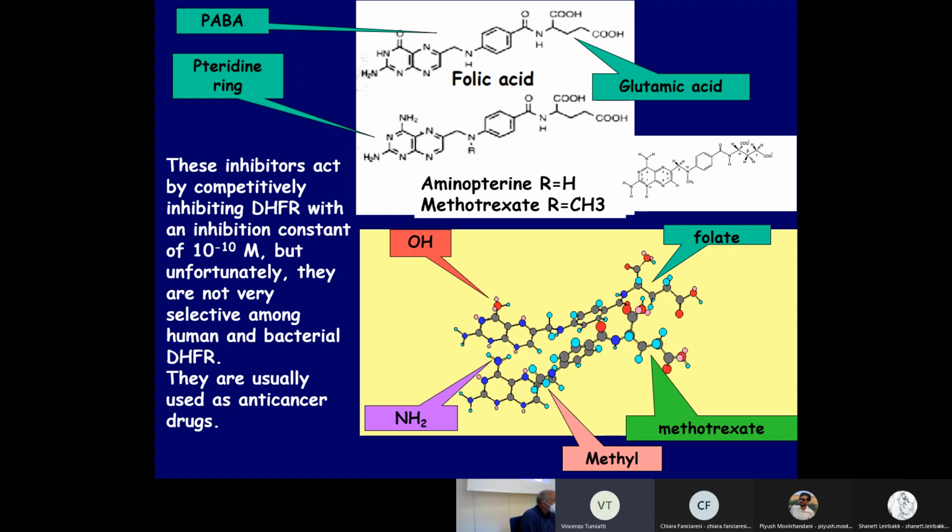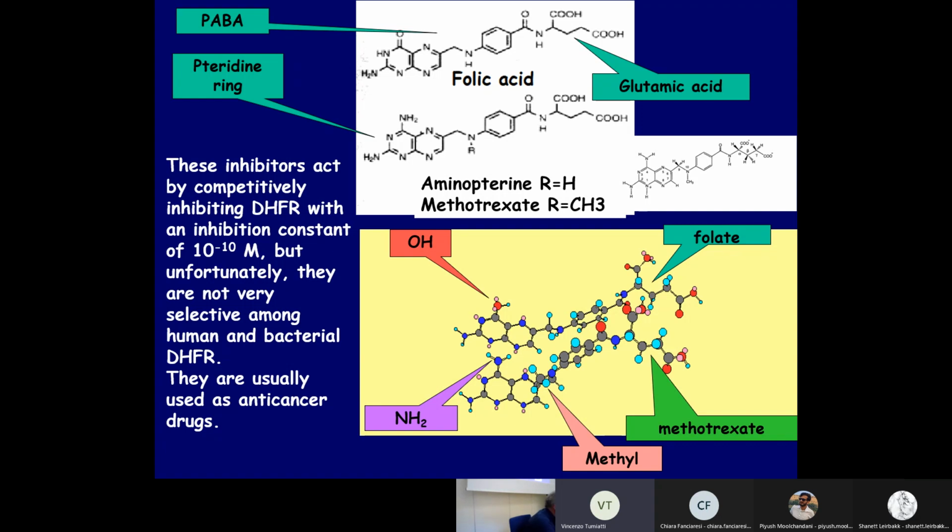In the case of anti-cancer drugs, there is also the problem of cancer cells and normal cells. In fact, methotrexate has very severe side effects. But we are lucky because cancer cells have a faster cell cycle, and so we can kill mostly the cells with a faster cell cycle and not the normal cells.